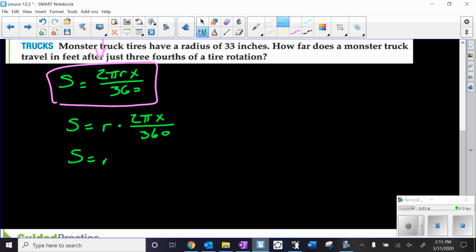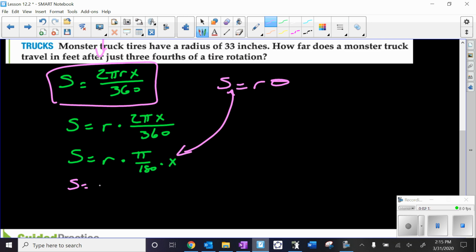S is equal to R times 2 over 360, which is 1 over 180, so pi over 180 times x. And there's your formula right there. This stayed the same. If I have S equals R theta, these two things still mean exactly the same thing.